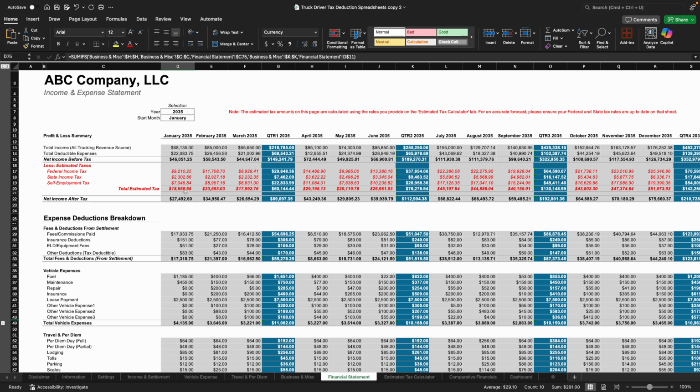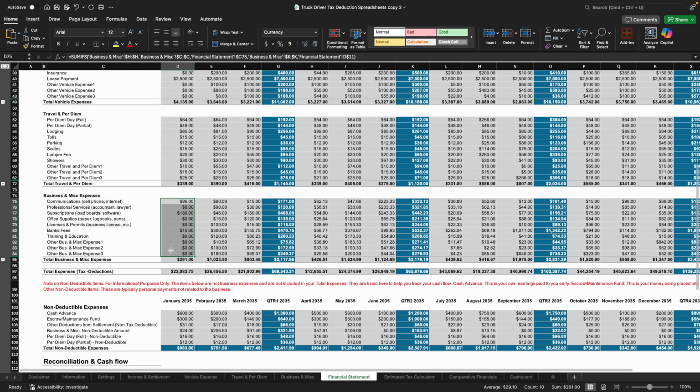After adjusting for the estimated tax, you can see that net income after tax is $27,492.60. But this amount is going to be different from your cash flow, because cash flow takes into account your non-deductible expenses, whereas net income doesn't account for that. So your net income after tax will usually be a little bit higher than your cash flow.